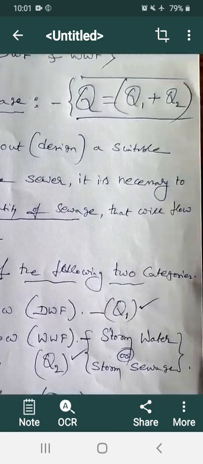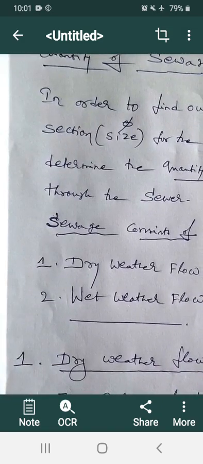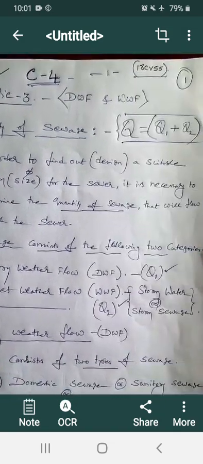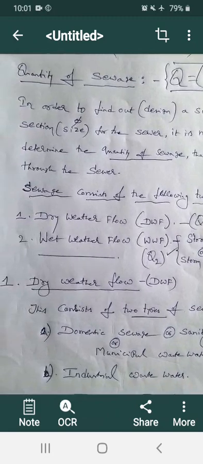In order to find out a suitable size or a section for the sewer, it is necessary to determine the quantity of sewage. It is very important. If you know the quantity of sewage, how much it is generating in a society, then only we can design a sewer line. Okay.